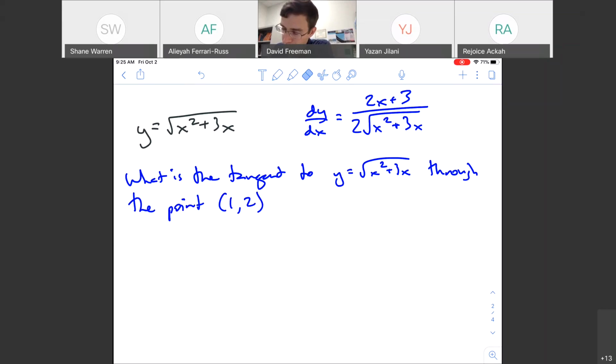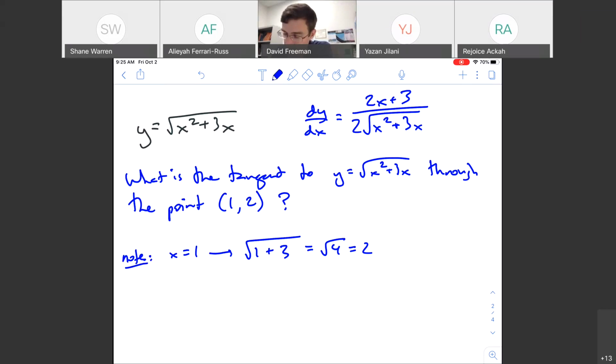Actually, let me make sure I'm doing that right. Notice if I plug in 1, I get 1 plus 3, so that's right, the square root of 4 equals 2. So 1 comma 2 is on the graph of that function. Can we find an equation for the tangent line through that point on the graph?